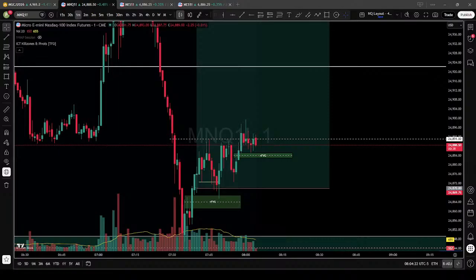Yeah, the price action is too choppy. The price is not coming down, the price is not going up.